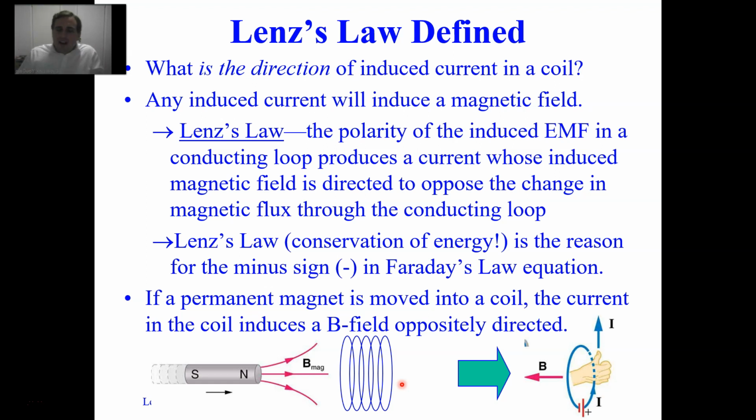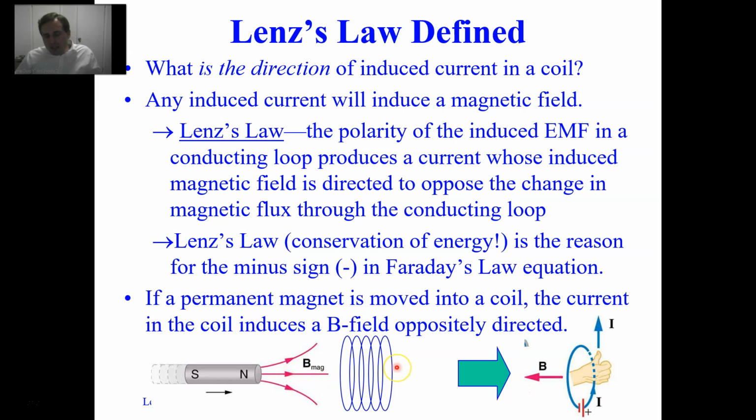But in any case, the stubborn roommate never wants to change. The stubborn roommate always resists change. So if you personify the loop, it says, hey, I don't like change. If you have more magnetic flux through me, I'm going to push back on you with a magnetic field in the opposite direction.